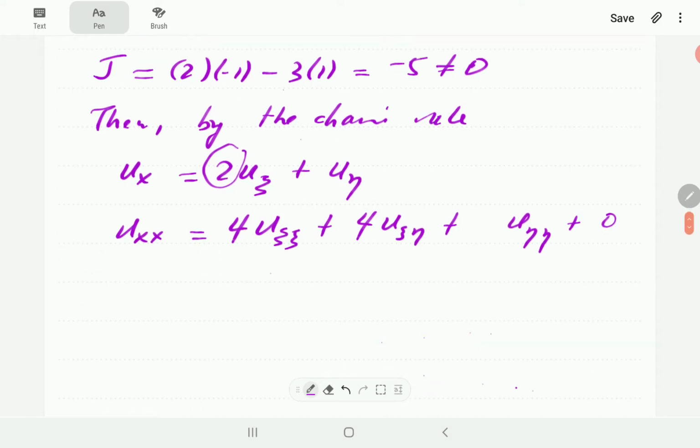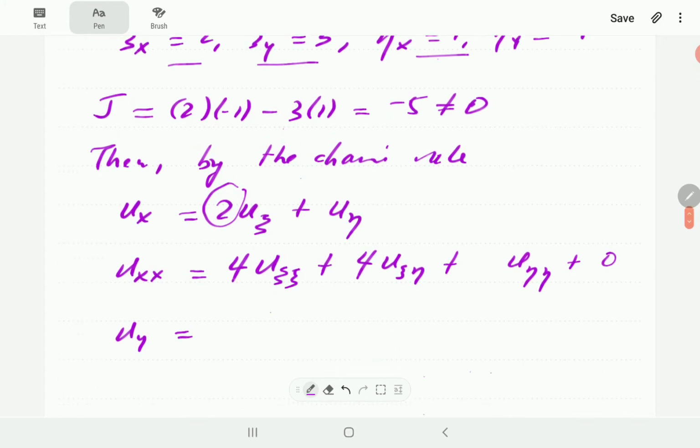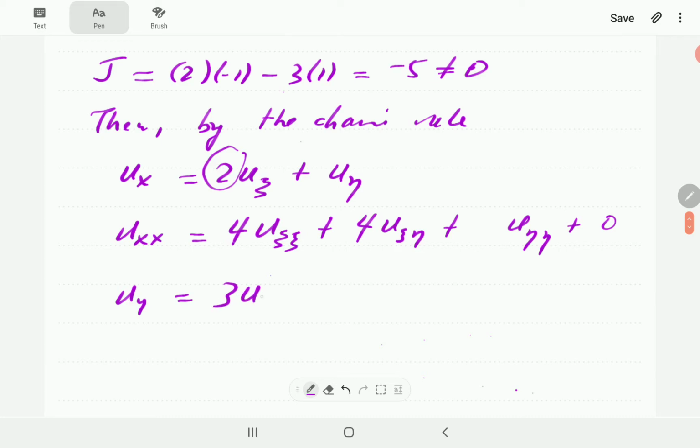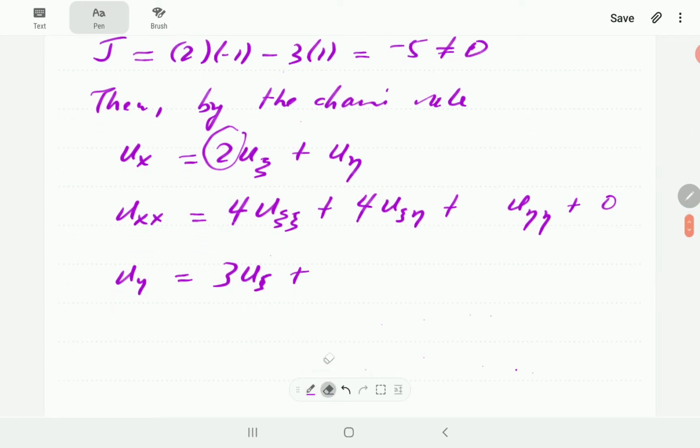All right, then we go to u_y. For u_y, there is xi_y, so we're going to have 3u_xi, and there is eta_y, which is -1, so we're going to have minus u_eta.